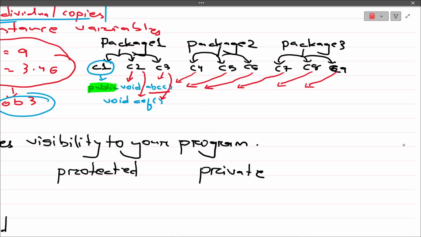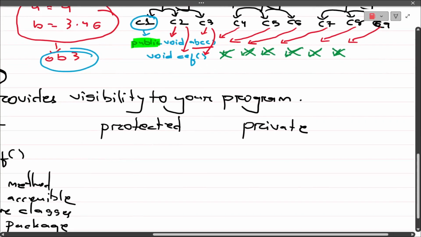Classes of other packages cannot access this particular function. This is 3, this is 4, cannot be. Class 7, class 8, class 9 cannot be. Could you understand what I'm talking about? Just let me know yes or no.